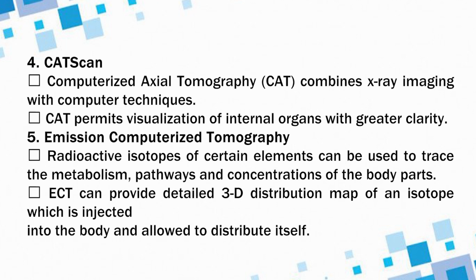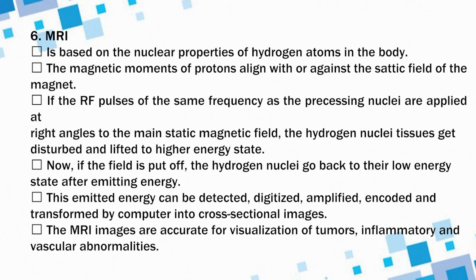Now sixth one, MRI magnetic resonance imaging is based on the nuclear properties of hydrogen atoms in the body. The MRI images are accurate for visualization of tumors, inflammatory and vascular abnormalities. All these diagnostic systems we have already seen in my various lectures.